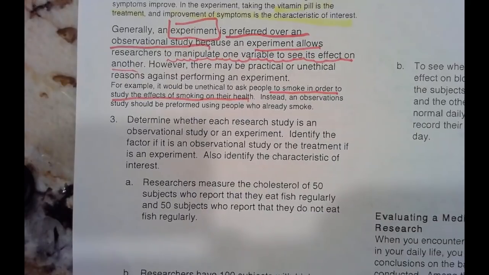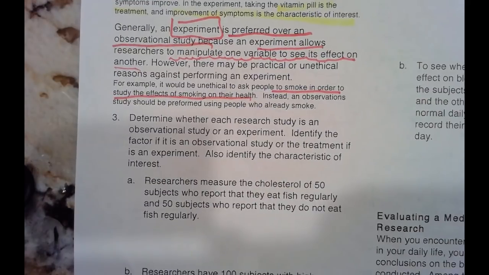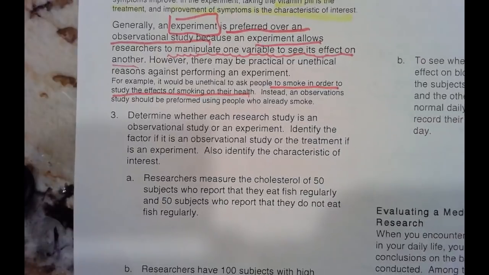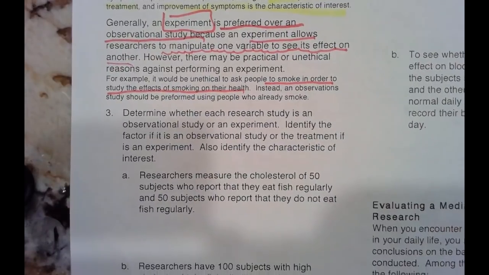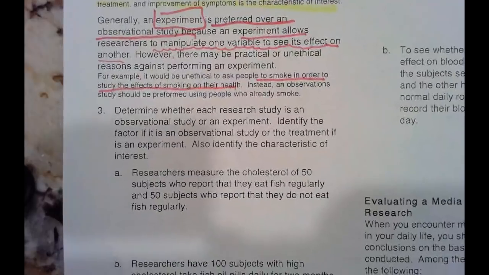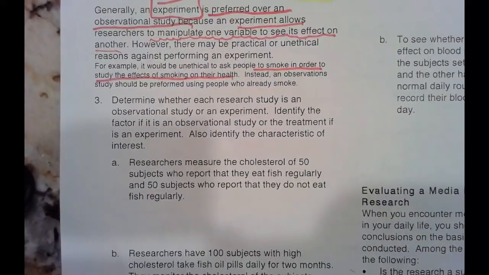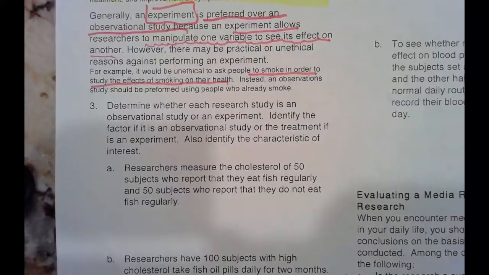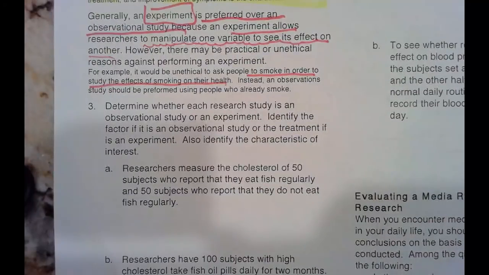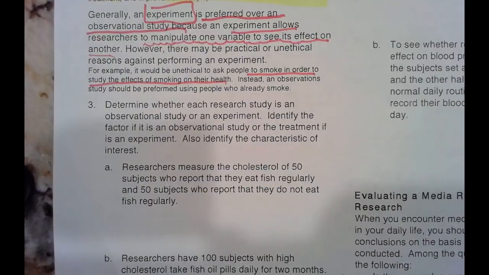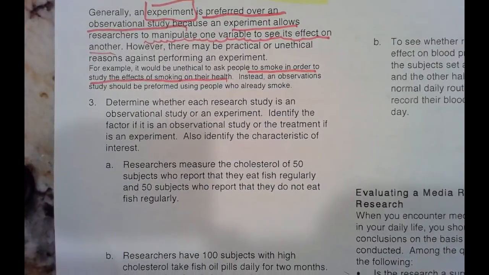Or if I want to study the impact of cell phones on death while driving, I'm not going to send you to drive down the freeway and text and use your cell phone and see how many of you get in accidents. That would be unethical as well. So certain things we cannot conduct experiments on, and we would definitely rely on observational studies.